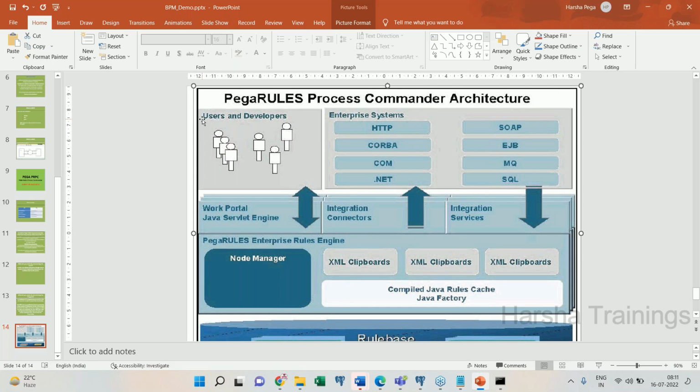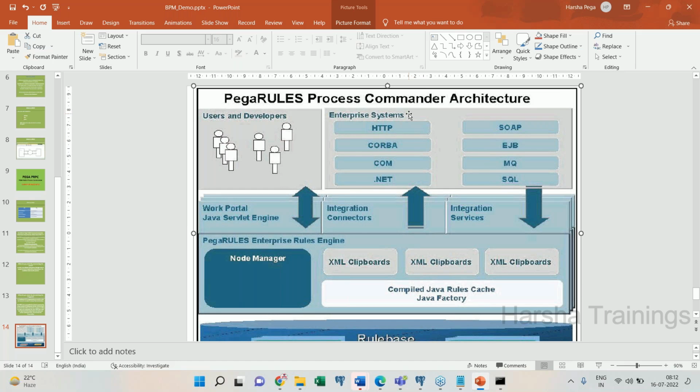And the last point, in the architecture of Pega, we have a facility for integrating with other applications, meaning that sometimes your business applications may have to interact with other business applications to exchange information. Bank applications regularly communicate with income tax applications. While processing loans, the bank application will communicate with the income tax application to get income tax data, to check whether the customer has submitted the right data.